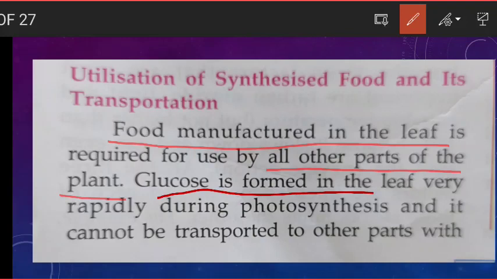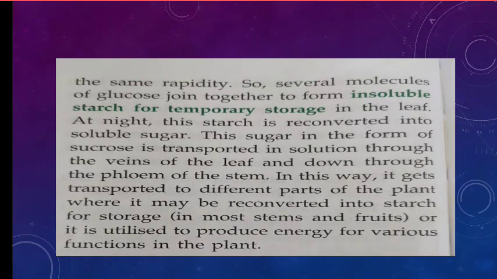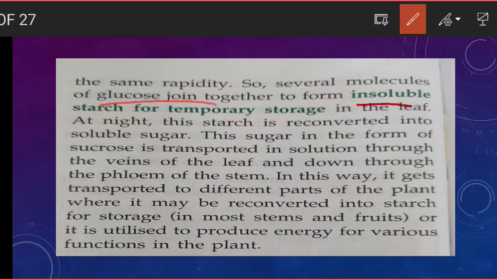Glucose is formed in the leaf very rapidly during photosynthesis and it can be transported to other parts with the same rapidity. Several molecules of glucose join together and form what? Insoluble starch for temporary storage.